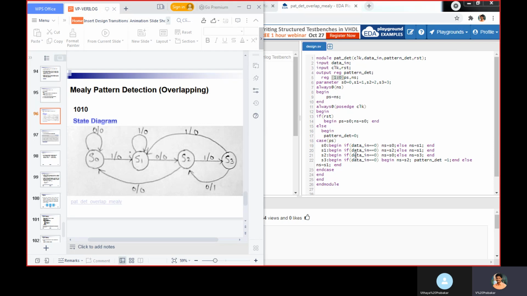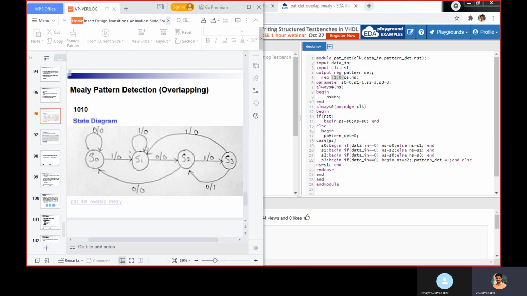Here again we are checking data in value. If it is 0, it will move to S2, so NS equal to S2. Else, next state will be S1 itself. The same way we check. If next state varies, due to PS equal to NS, the next state will be assigned to present state. Again, when the present state changes, we choose another alternative, and next state will be assigned here.